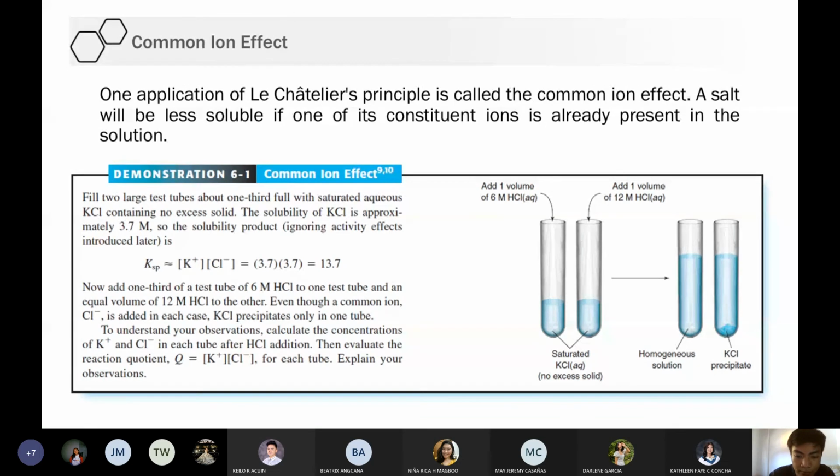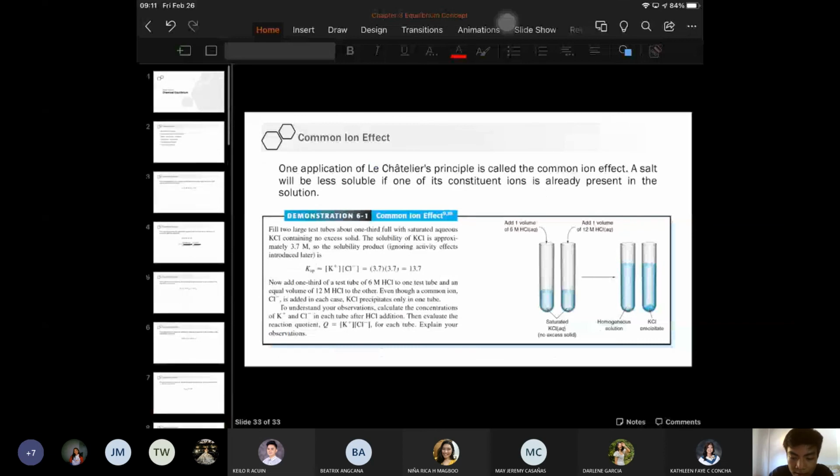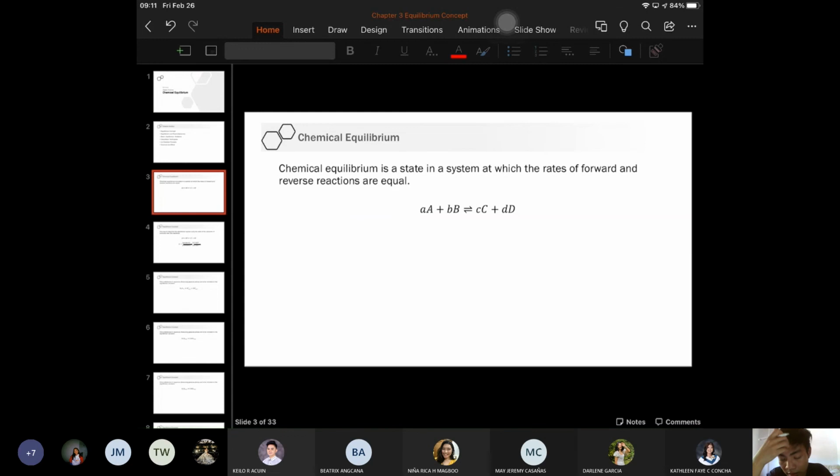To summarize everything for chapter 3, we discussed the equilibrium concept. Equilibrium is a state of a system in which the forward and the reverse reactions are equal.